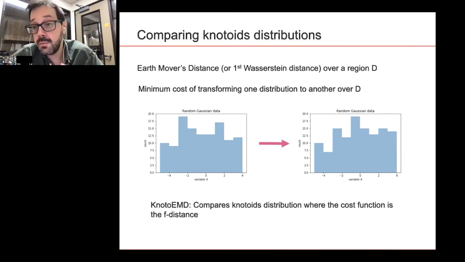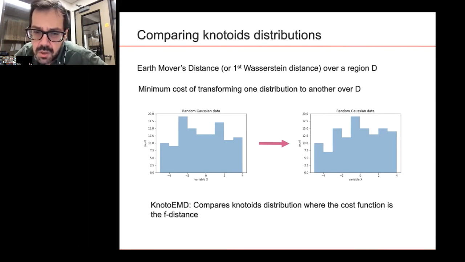And that's the Earth mover's distance. It's a well-defined metric, actually. And we say, okay, why don't we define it for Knotoids, where our distributions and our region is all possible Knotoids, and the cost function is the distance. So what do we get out of that?